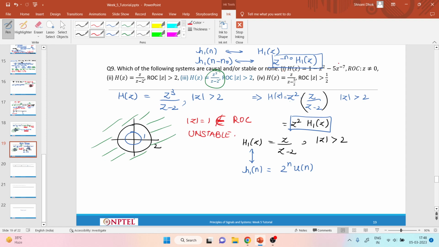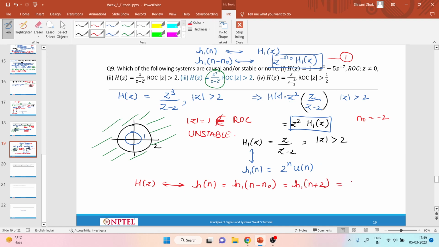So if I compare equation 1, here my n naught is equal to minus 2. Then if I take the inverse z transform of h of z, h of n will be equal to h1 of n minus n naught, which is equal to h1 of n plus 2.